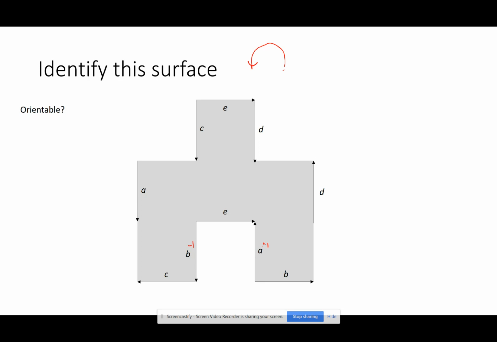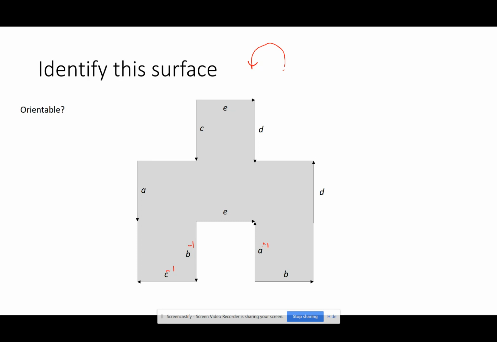Then C. We have 2 copies of C. Again, with respect to the plane model, they have opposite direction on the boundary. So this is the positive, and this is the negative one. So this is the C inverse.